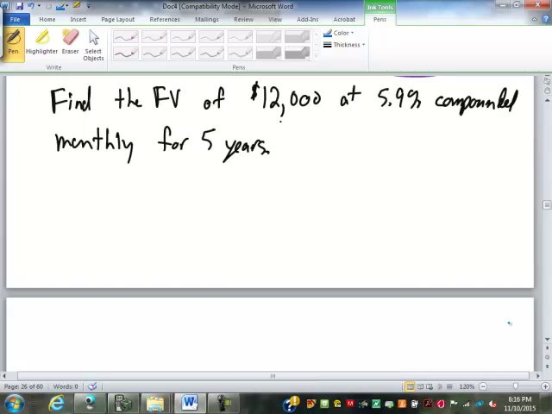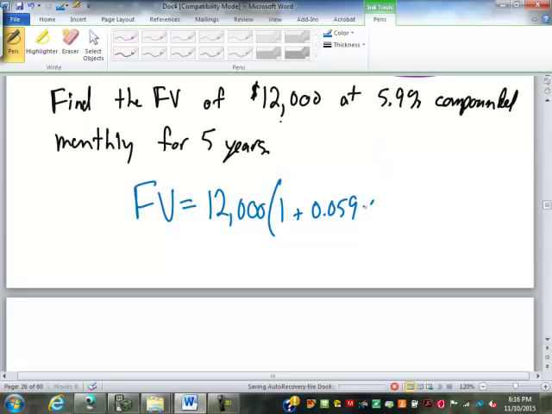So we'll set up the formula. The future value equals 12,000 times 1 plus 0.059 for the 5.9% divided by 12, monthly is 12 times a year, to the power of, well, 5 years times 12 times a year is 60.